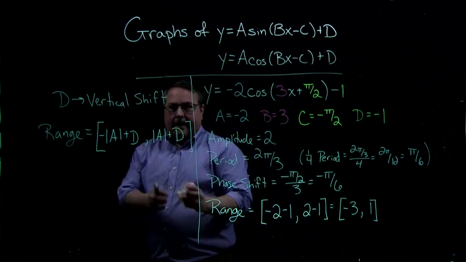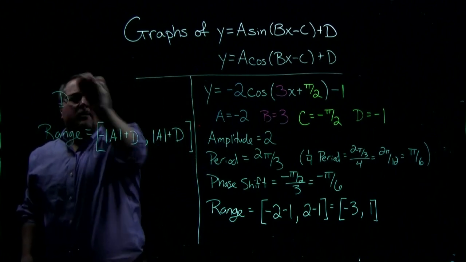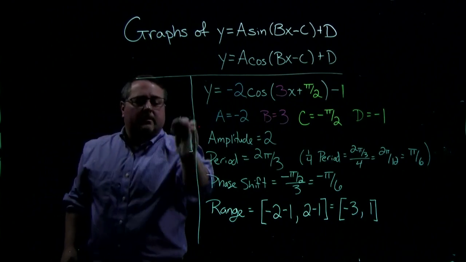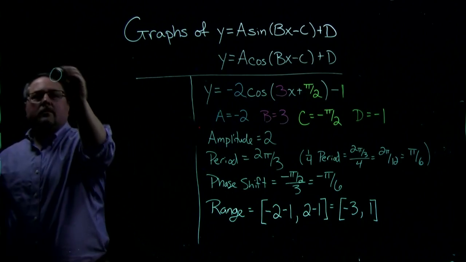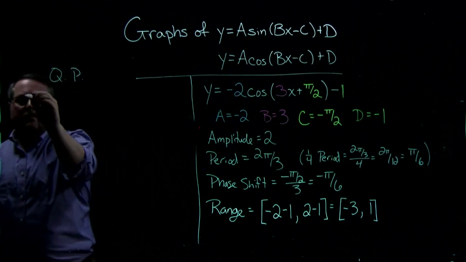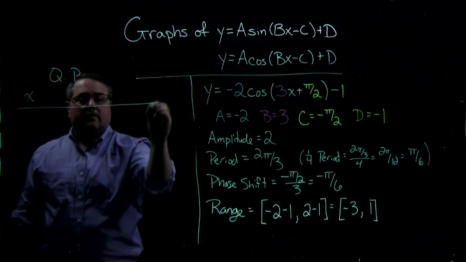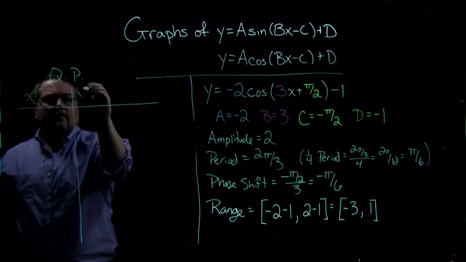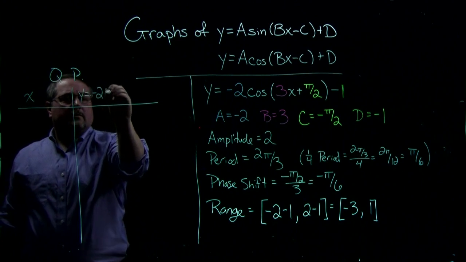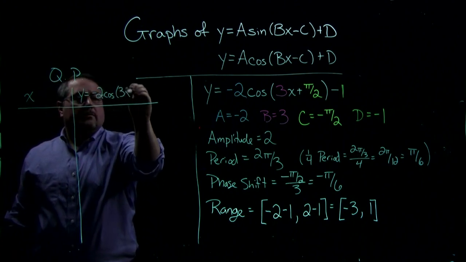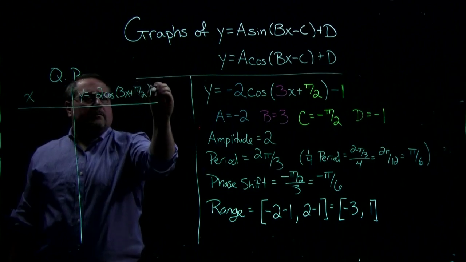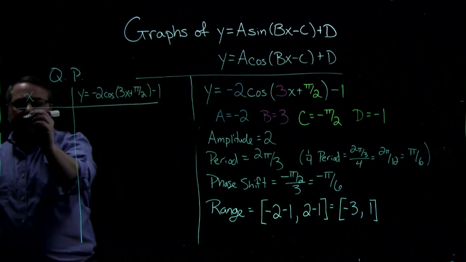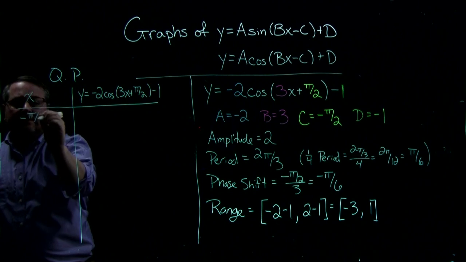So now let's go ahead and figure out the coordinates of our quarter points. All right, so our first quarter point will be at x equals negative pi over 6.